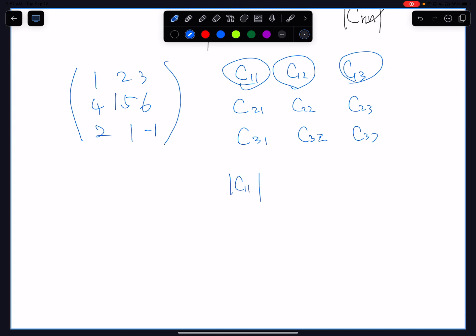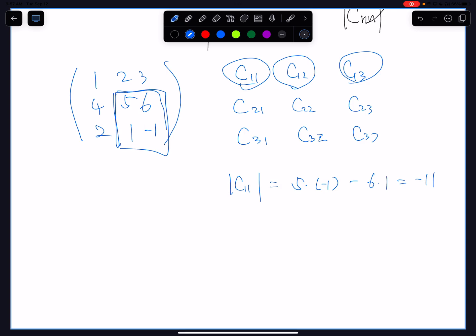C11 is going to be minus 11: 5 times minus 1 minus 6 times 1, minus 11. Because C11 is this matrix.